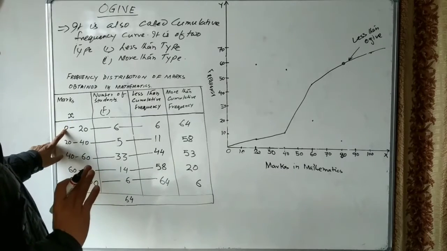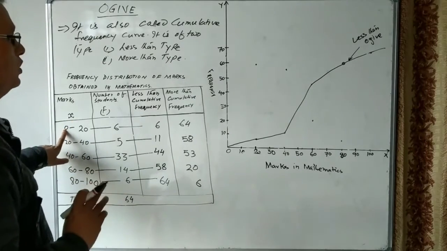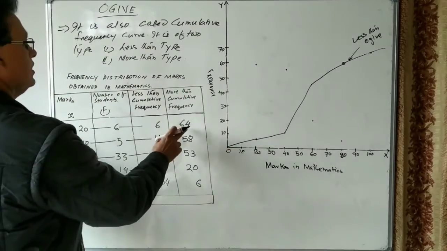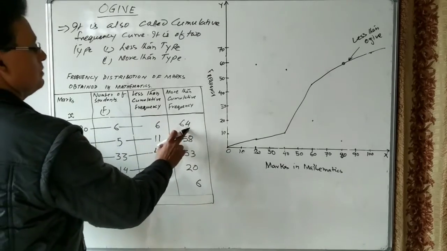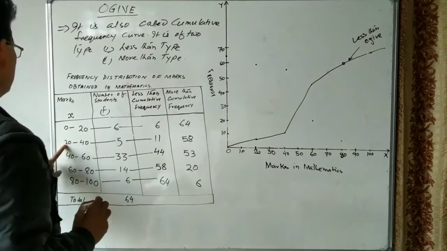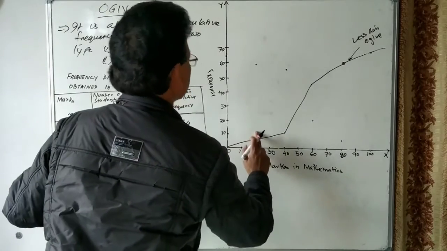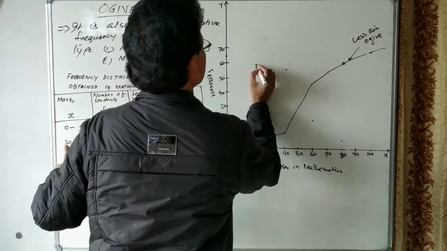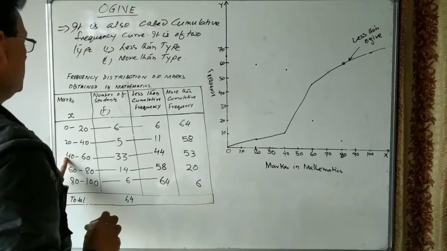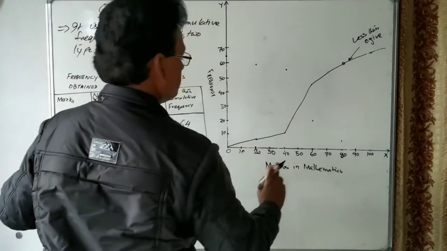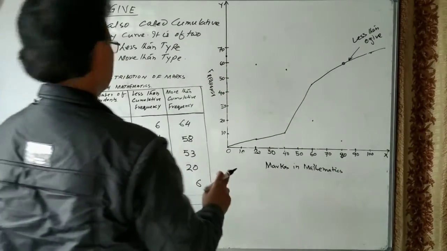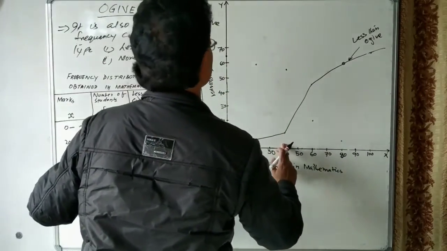The lower class limit is 0, so 0 and 64. 64 will come over here. Then 20 and 58. Then 40 and 53.